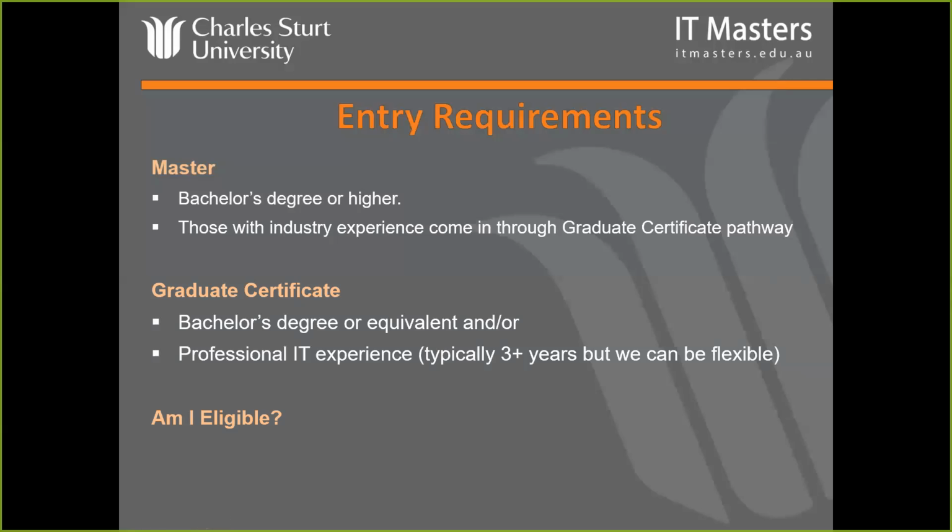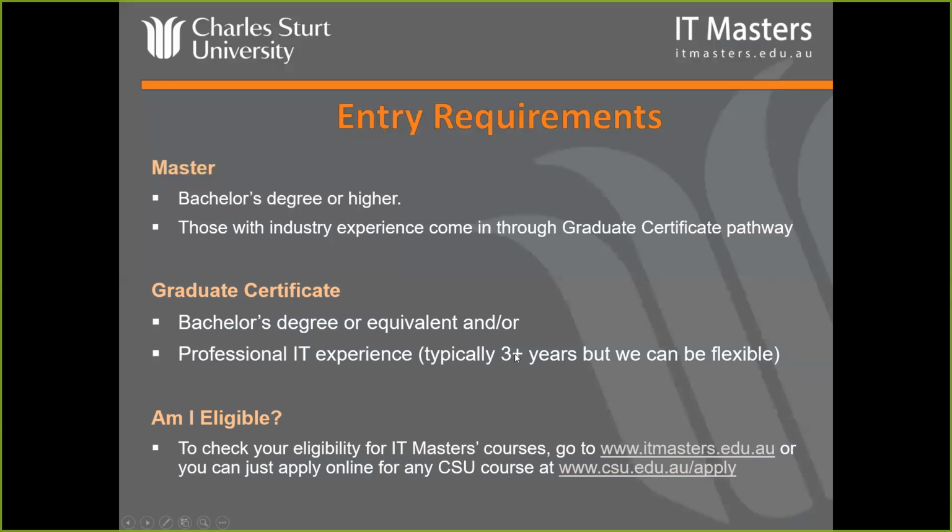For those of you who want to find out whether or not you're eligible, maybe you don't want to go to the trouble of applying and finding out you're not eligible, you can check your eligibility by going to the IT Masters website, www.itmasters.edu.au, or you can apply online and your eligibility will be assessed as part of that application process.